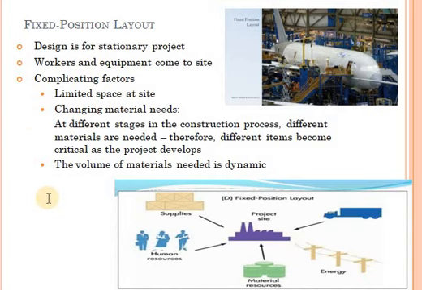For example, when we are at the finishing stages, we will require different materials. So we have changing materials, and the volume of the material needed is dynamic, so it's always changing. I cannot set before the beginning of the project that this is the raw material required and it's stable throughout the stages. No, at each stage we have different types of materials and different volume.